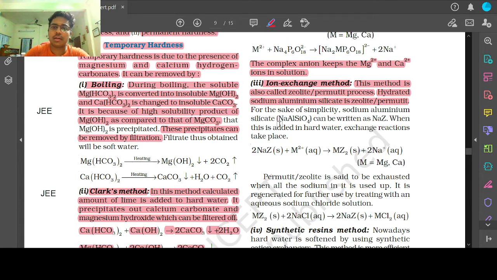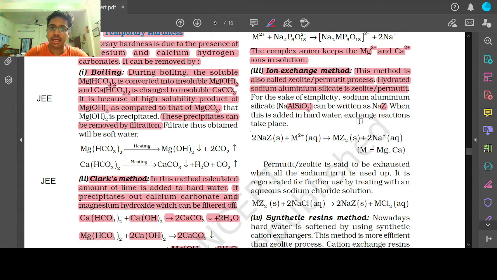This AlSiO4 group, we replace it with Z, for the sake of simplicity. When this is added to hard water, the exchange reaction takes place. NaAlSiO4 reacts with calcium and magnesium ions.